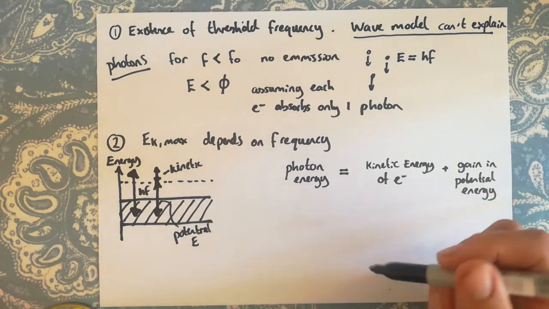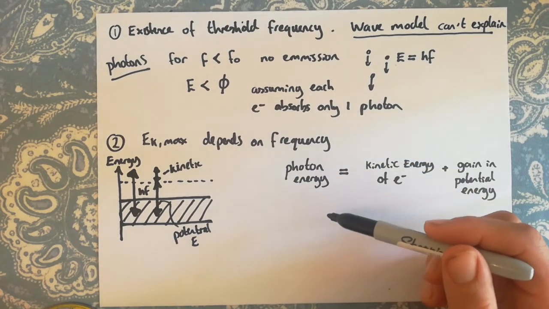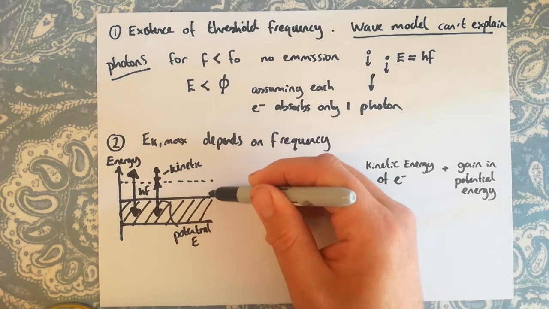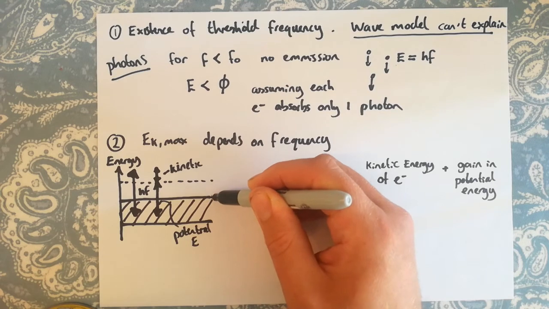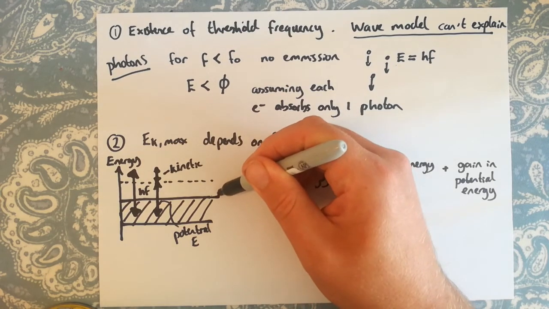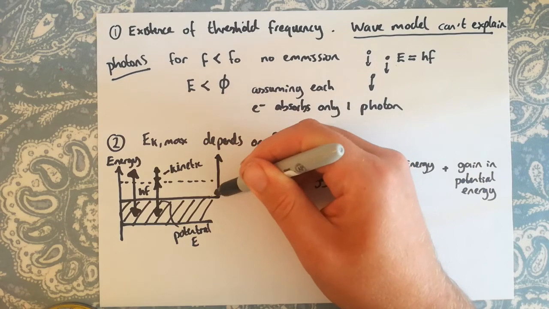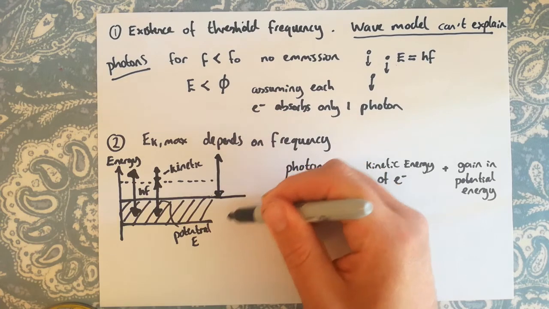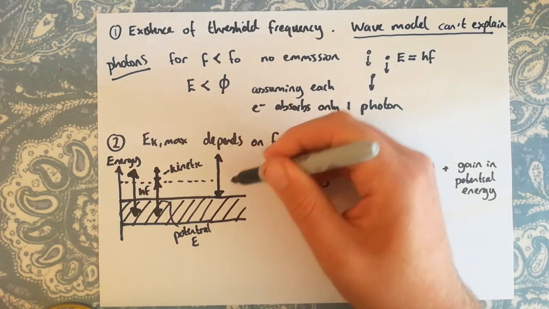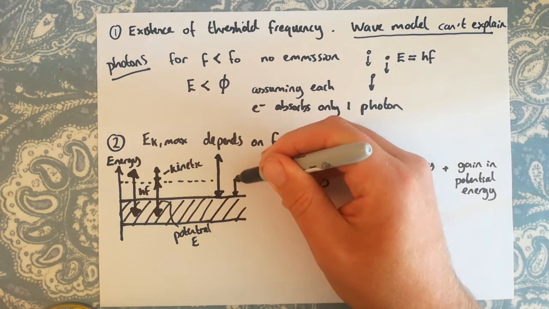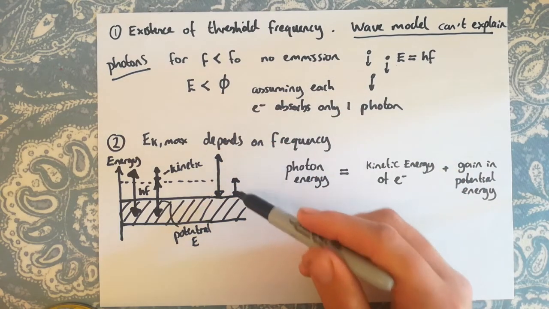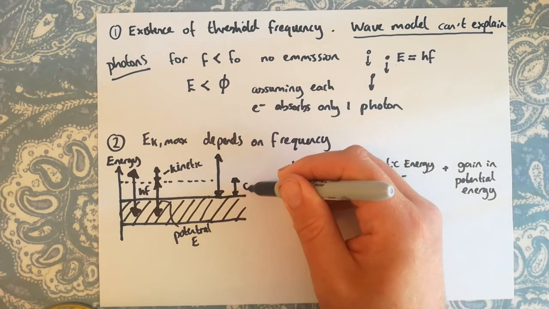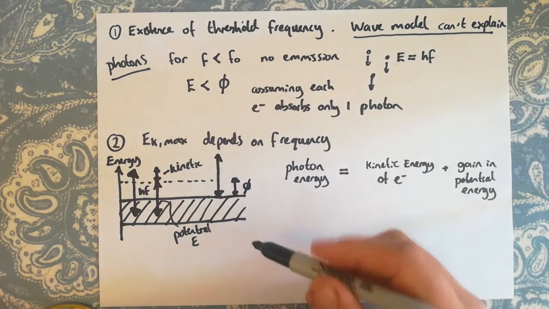Now, if we think about specifically the most energetic electron, so now we're thinking about an electron that starts off here. If it gains that photon energy, hf, let's extend this a bit. The energy it needs to spend escaping from the metal is the work function.